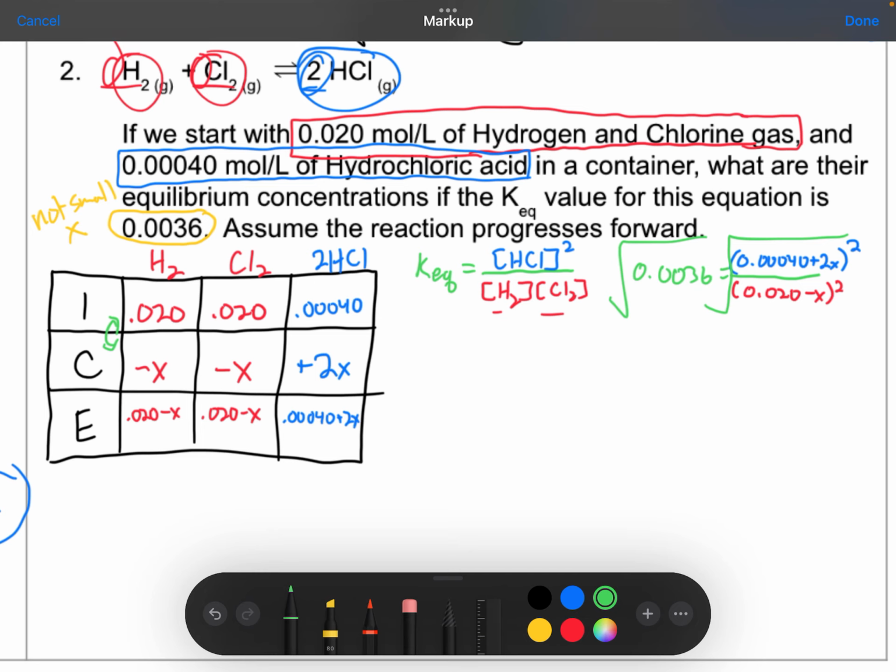The square root of our equilibrium constant ends up being 0.06, and we are now equal to, on the top, just 0.00040 plus 2x. Let me extend that line a little bit. Then on the bottom, we just have our 0.020 minus x, and I've gotten rid of all of those squares.